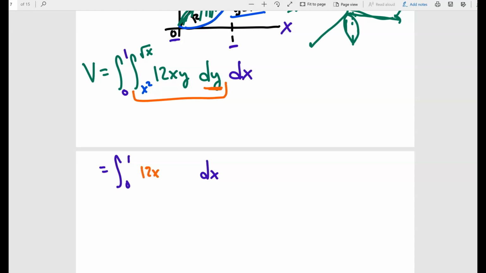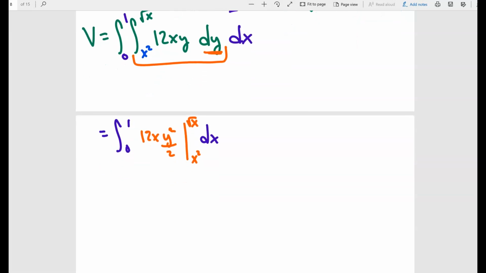The antiderivative of y is y squared over 2, between x squared and square root of x. So this is going to be equal to the integral from 0 to 1 of 6x y squared from x squared all the way to square root of x dx.